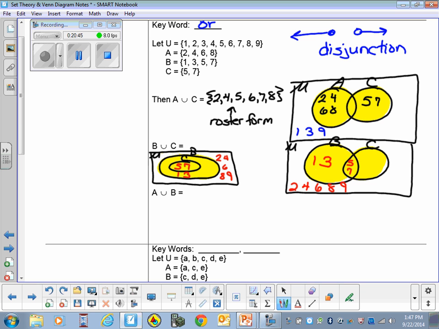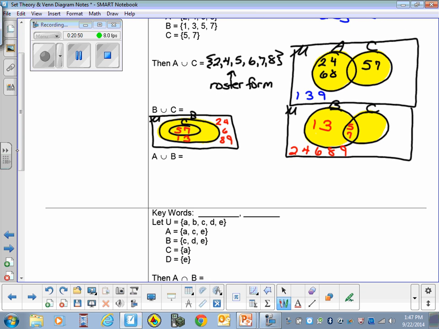Two different ways to draw it. They both have the same meaning. It's up to you which one you use. And roster form here would just be, oops, 1, 3, 5, 7.